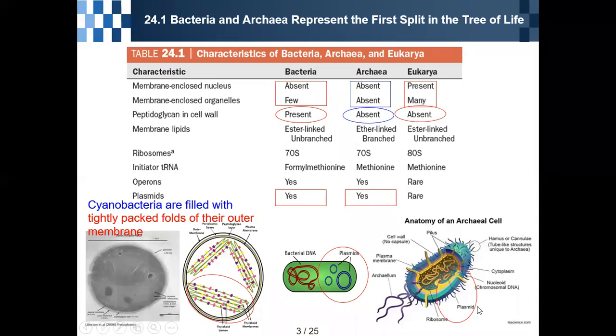So they have the bacterial DNA, and archaea have the archaeal DNA. In addition to the DNA, they have a circular DNA. We call it a plasmid. But eukaryotes nearly don't have plasmids. You have to know this.